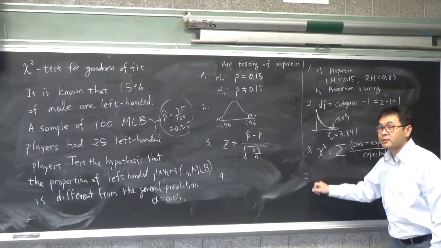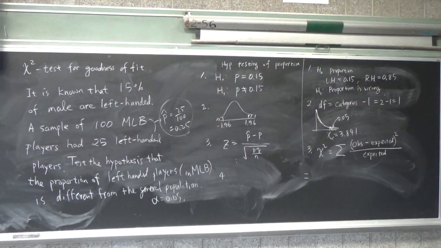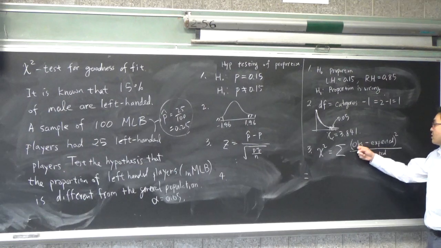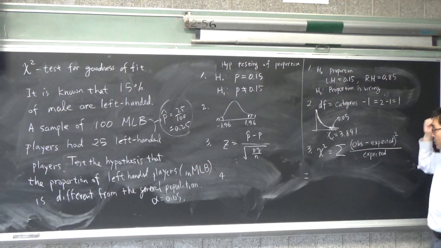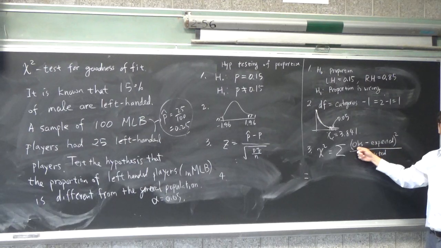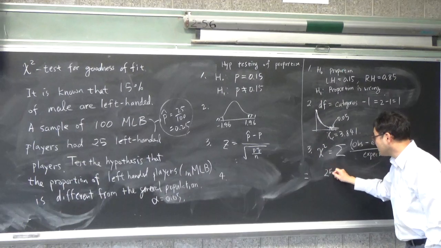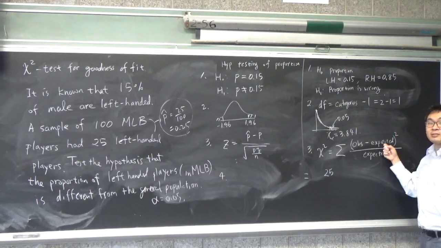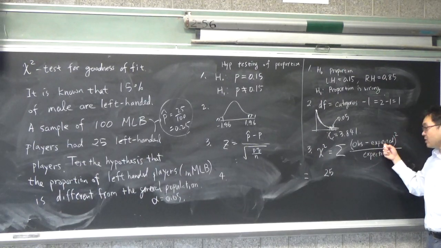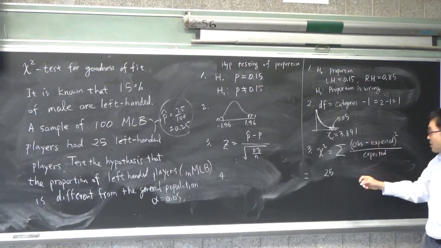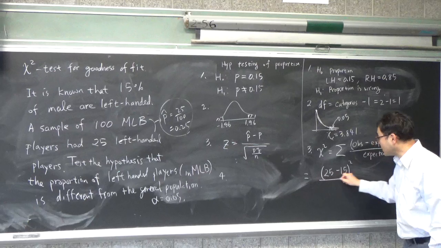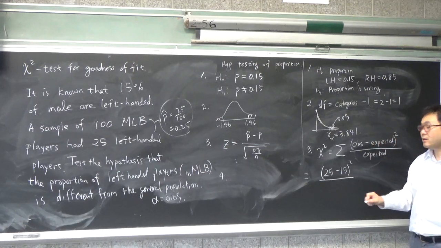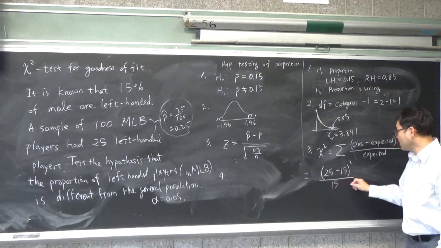Okay, let's see what we have for each. First, the left-handed category. What's our observed? 25 is the observed, right? What was the expected? 15, because 15% should be left-handed. So 25 minus 15 squared, then you divide it by 15, right?